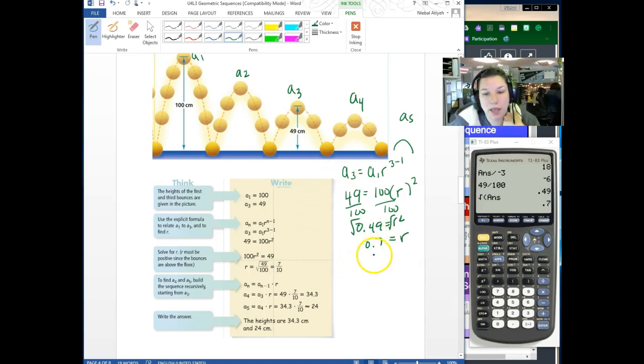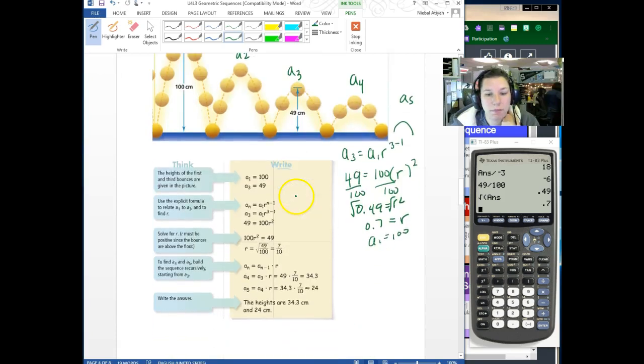But now we know r and we know a1, our first term, so now we have what we need to find any term. So they wanted the fourth and fifth bounce. So a to the 4 is going to be 100 times 0.7 to the 4 minus 1.